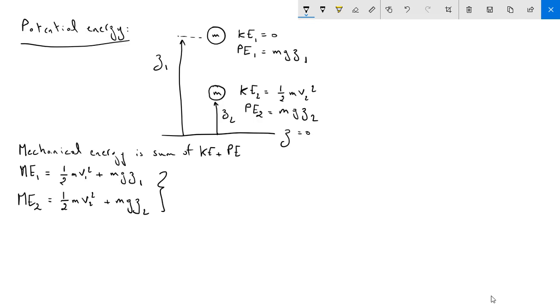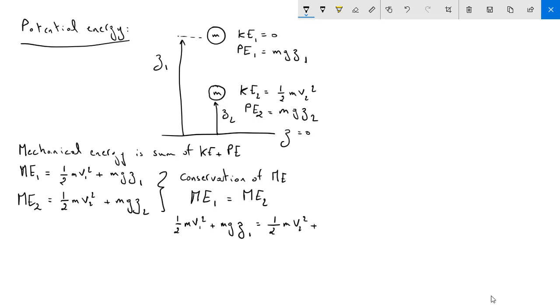We can say that from the principle of conservation of mechanical energy, the mechanical energy at 1 is equal to the mechanical energy at 2. So half mv1 square plus mgz1 is equal to half mv2 square plus mgz2.